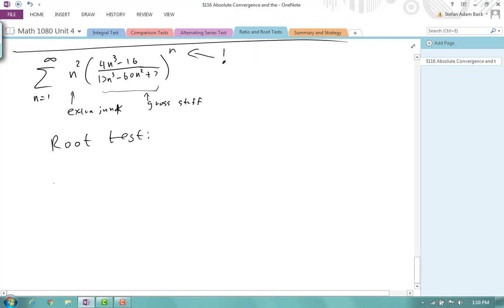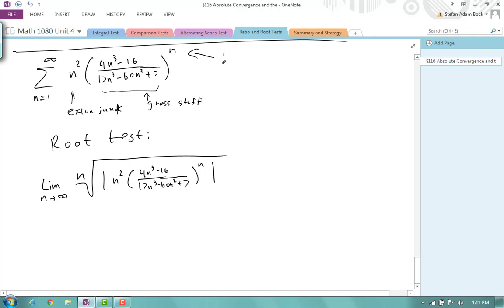I want the limit of that term as n goes to infinity inside of the nth root. This is the nth root of the absolute value of n squared times 4n cubed minus 16 over 17n cubed minus 60n squared plus 7, oh boy, raised to the n, inside of absolute values.